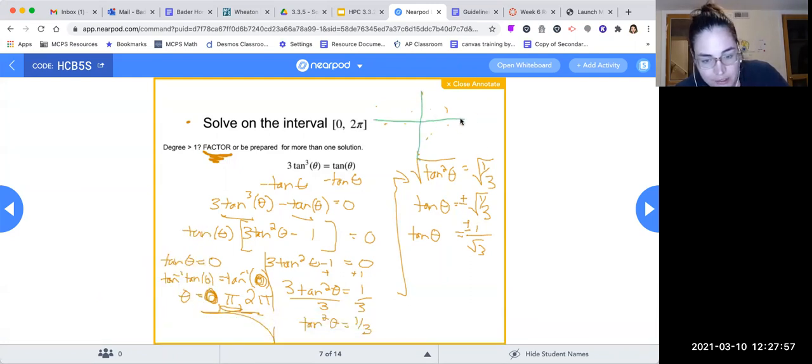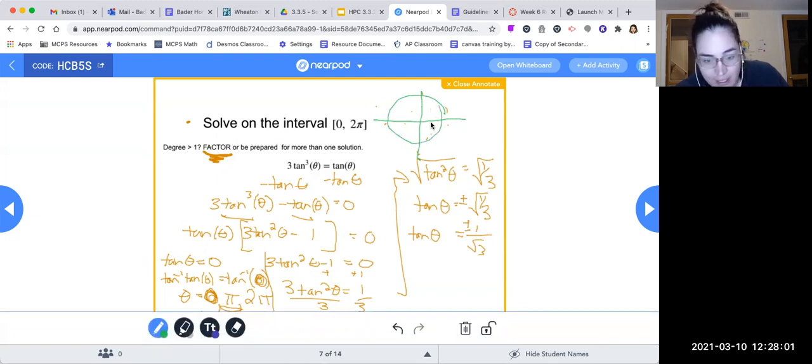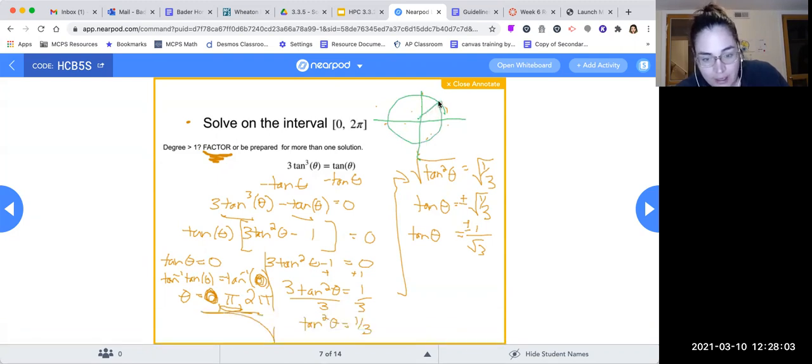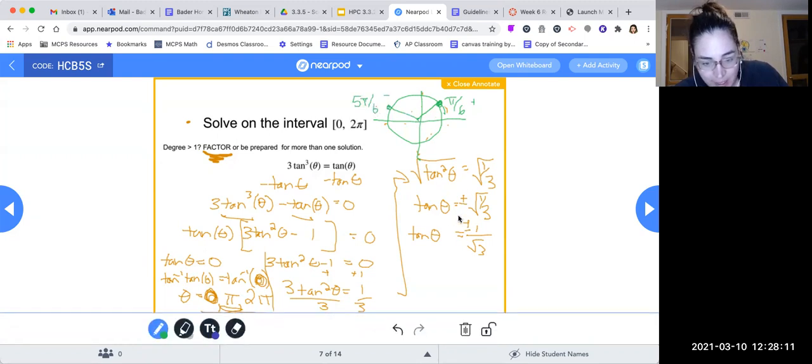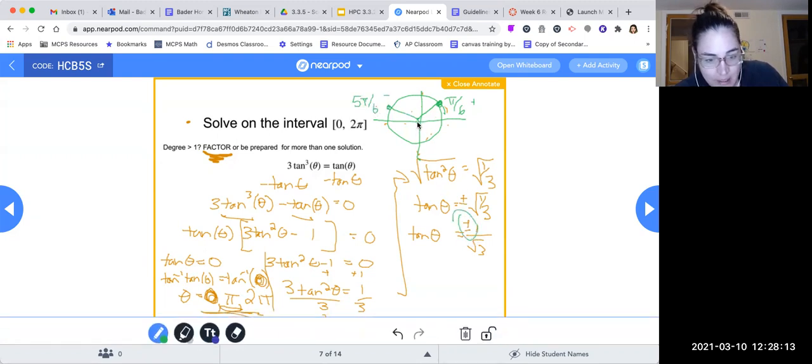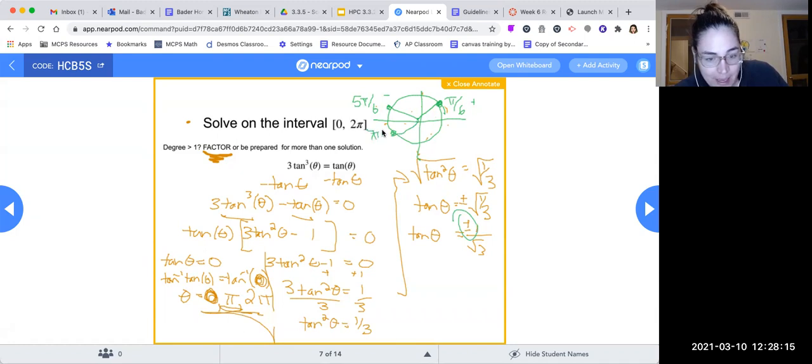Where on the unit circle do I have a tangent of plus or minus root 3 over 3? It's going to happen at pi over 6, that'll be positive. It's going to happen at 5 pi over 6, except it'll be negative, but that's okay because we want plus or minus. It'll happen at 7 pi over 6 and again at 11 pi over 6.